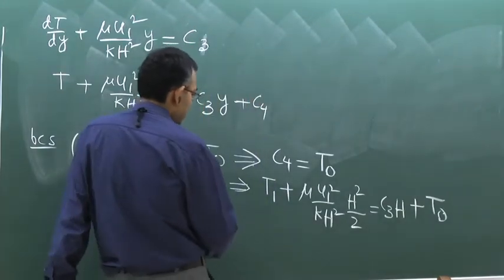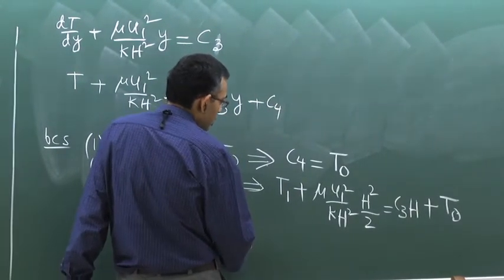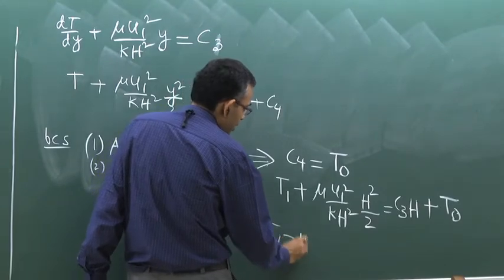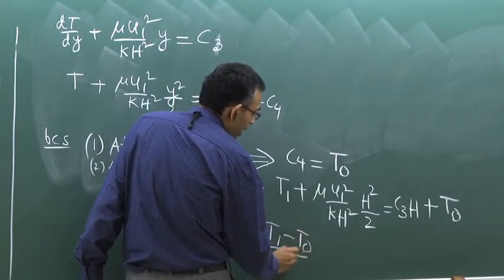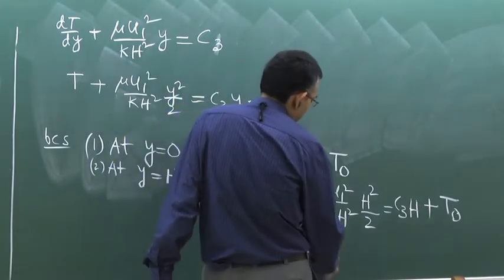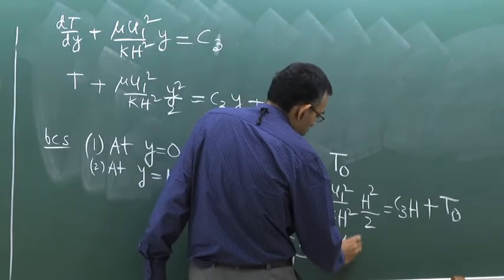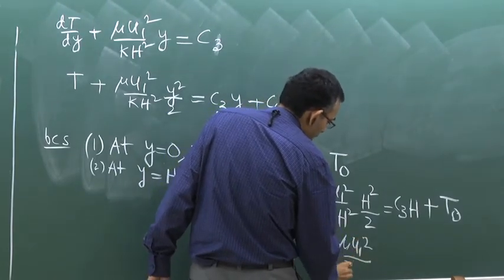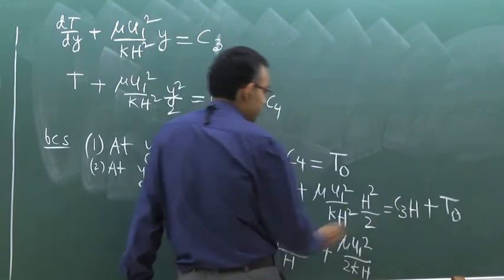So you have C3 is equal to (T1 minus T0) by h plus mu u1 square by 2kh.